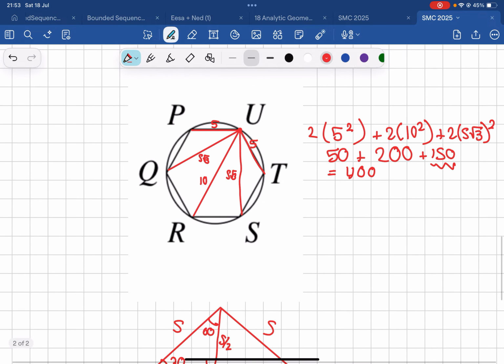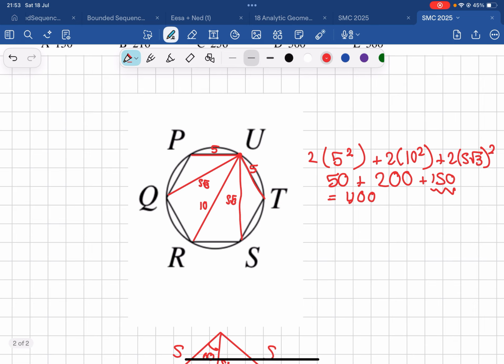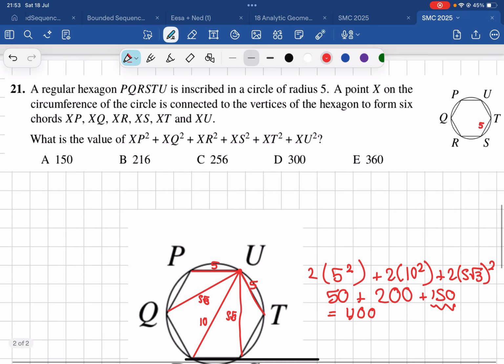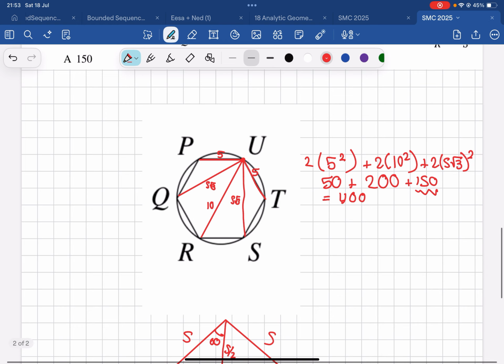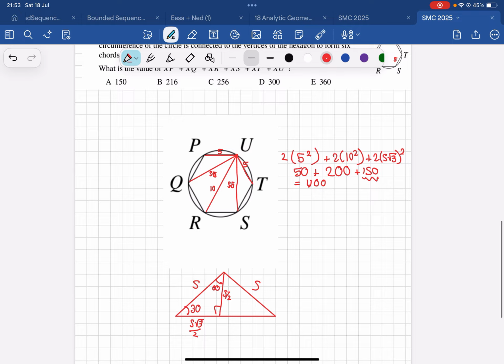What has gone wrong? Yeah, 400 isn't even one of our options. I cannot see what's gone wrong here.